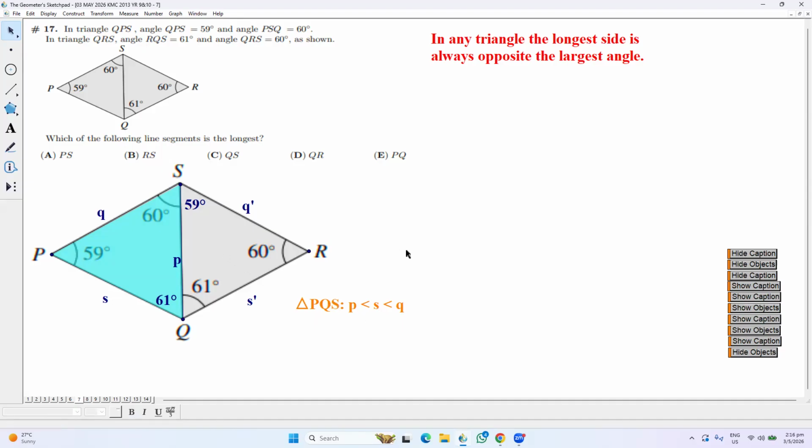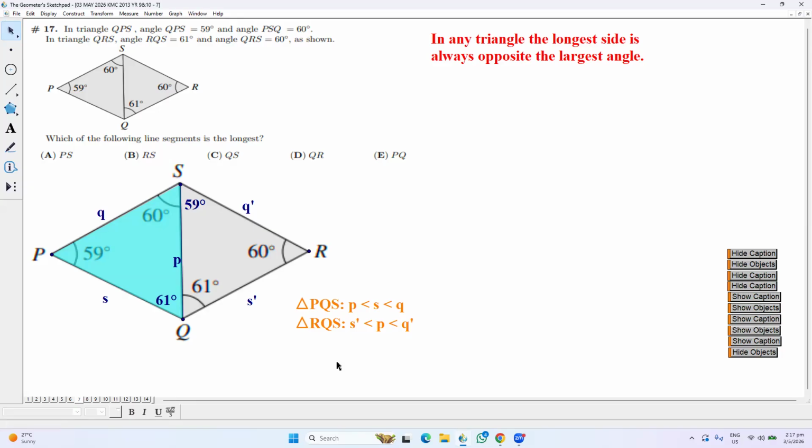Then for the other triangle, RQS, S prime is smallest, 59 being the smallest angle. Then Q prime is the longest side. That's as far as we can get applying the principle, longest side always opposite the largest angle.